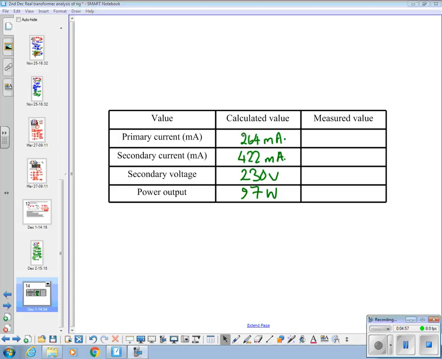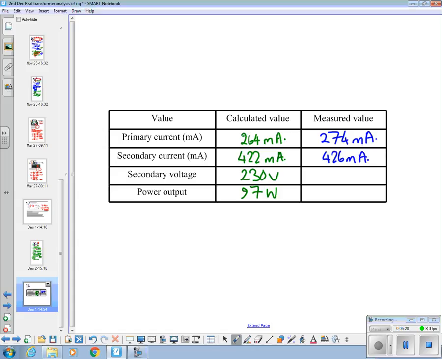So for the benefit of our video this week, let's just put our measured values on. What did we get for primary current measured? 274 milliamps. Secondary current 426 milliamps.